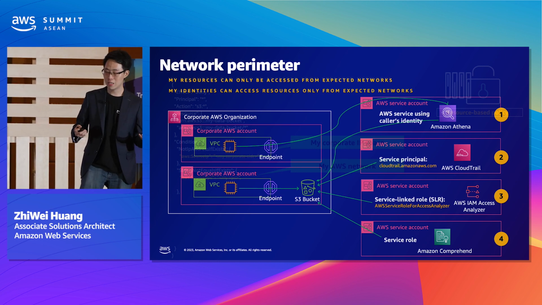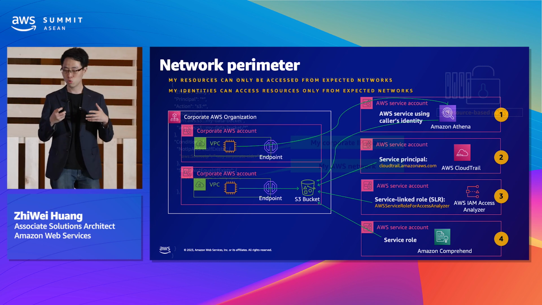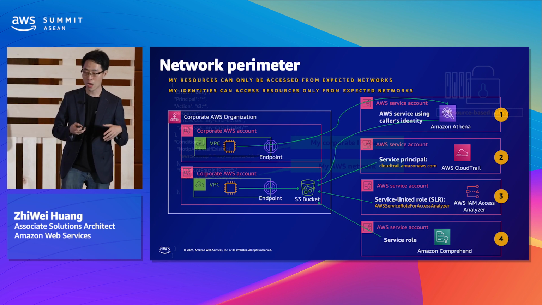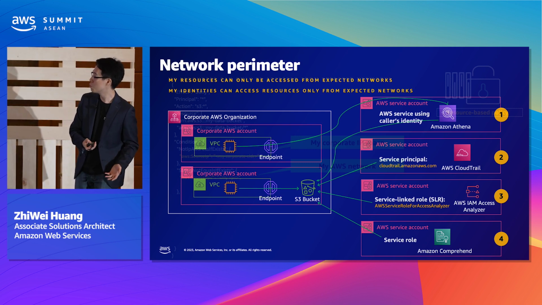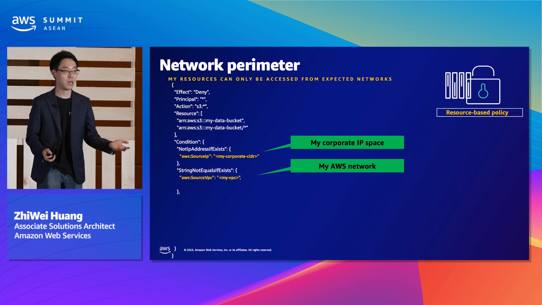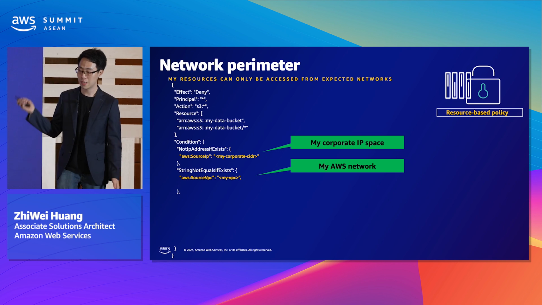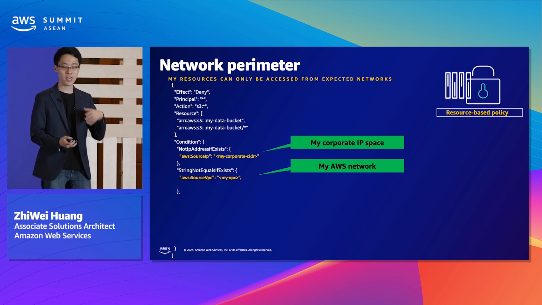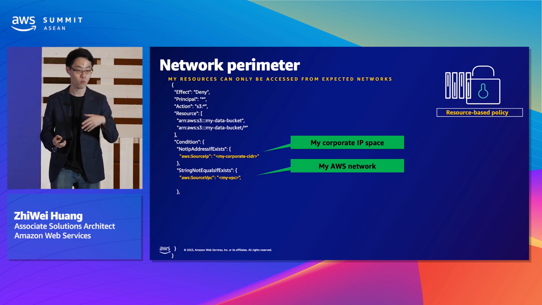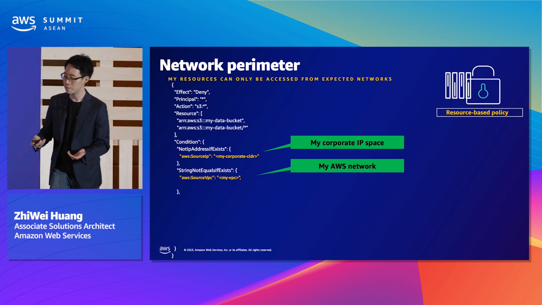So you may be wondering right now, how do we codify and create all these four exceptions in our IAM policy? So moving on. Building upon the same bucket policy that we went through earlier, this is the same example where we actually define the expected networks. And so let us try to add in the exceptions that I went through slightly earlier.